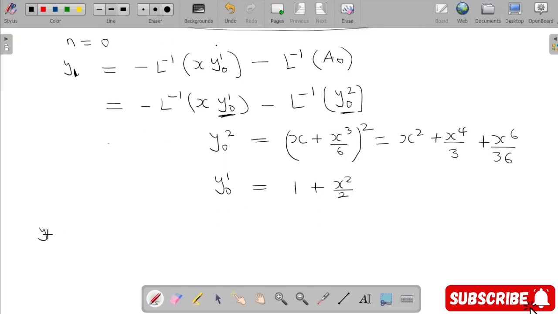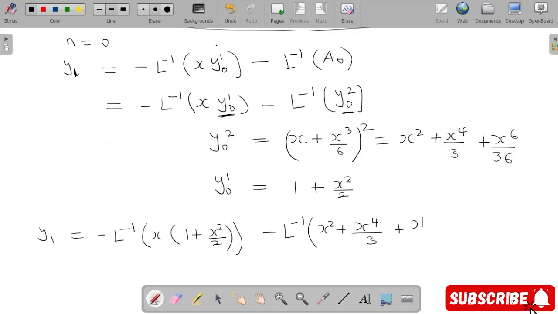So our y1 will now become minus L inverse of x times (1 plus x squared over 2), then minus L inverse of our decomposed Adomian polynomial, which is x squared plus x raised to the power 4 over 3 plus x raised to the power 6 over 36.